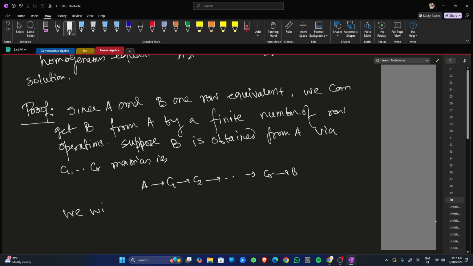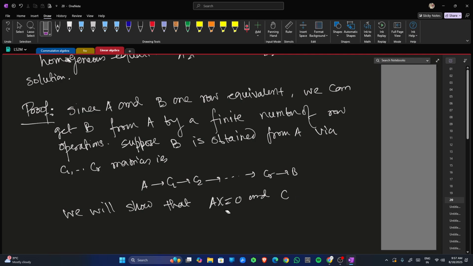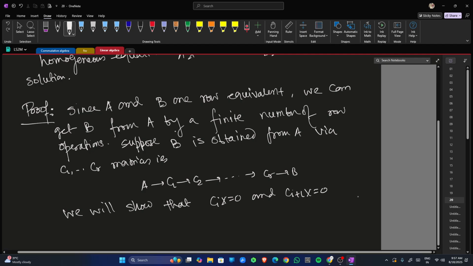We will show that Ax equal to 0 and C1x equal to 0, and in general Cix equal to 0 and Ci plus 1 x equal to 0 have the same solution.